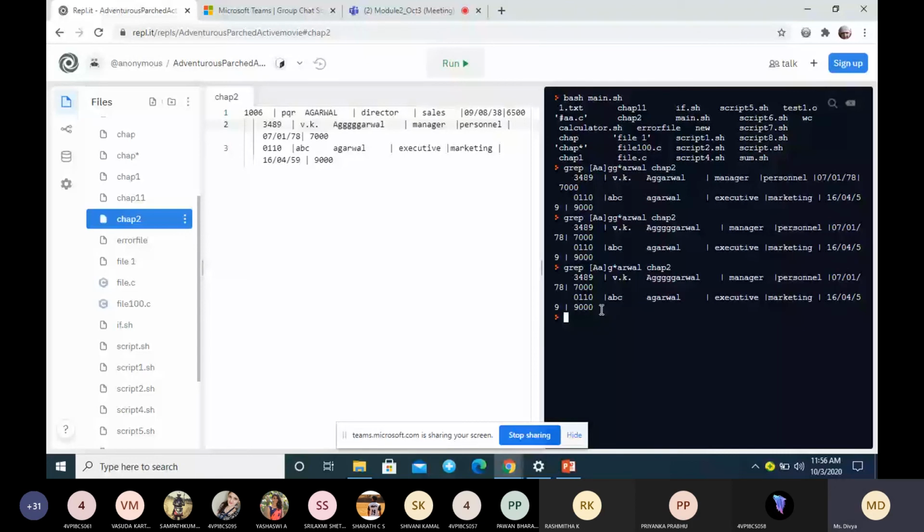Okay, the next one is dot. Dot is meant for matching a single character. In the wildcard we had question mark. Here for matching the pattern we have dot.